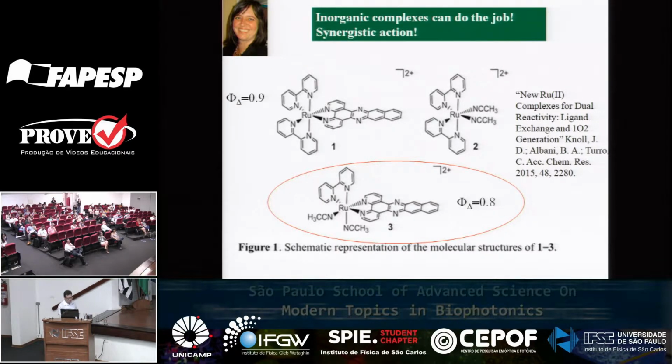So how do we compare these three molecules? One only makes singlet oxygen, which is this. This one only makes chelation, and this one makes both. Chelates and makes singlet oxygen.